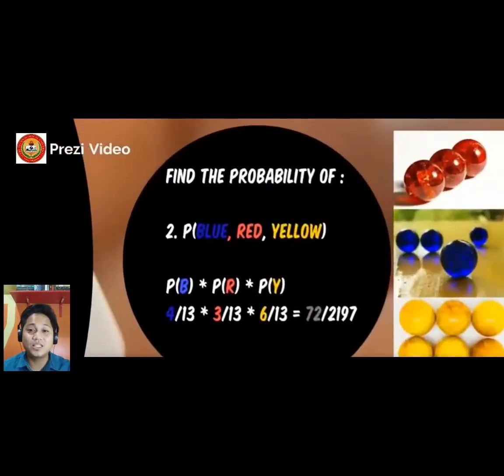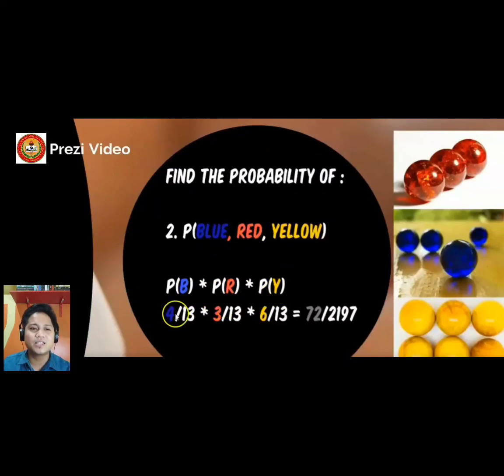Let's move on to the second example about marbles. Find the probability of getting blue, red, and yellow. We use the same formula that we used earlier. The probability of getting blue times the probability of getting red times the probability of getting yellow.